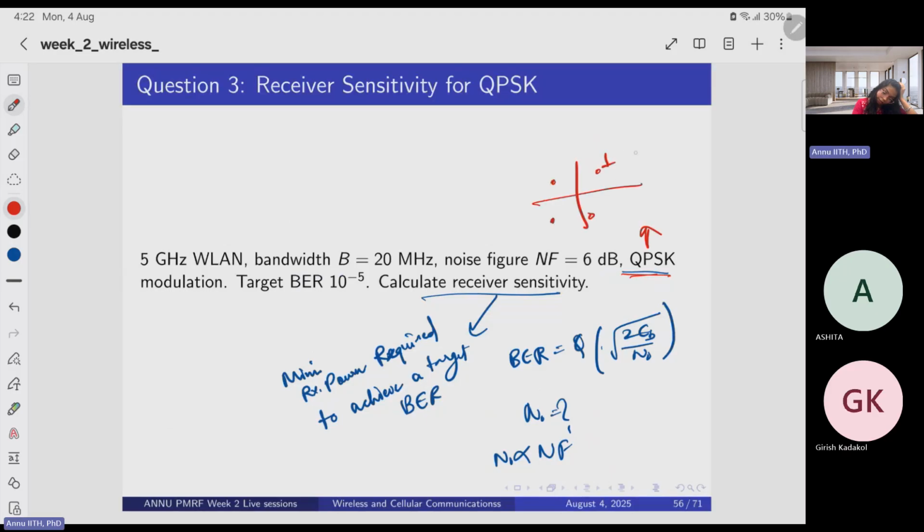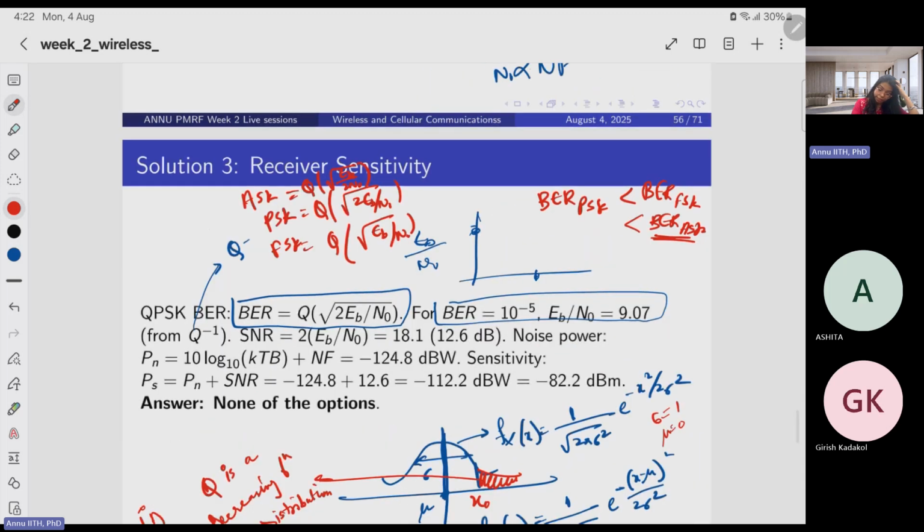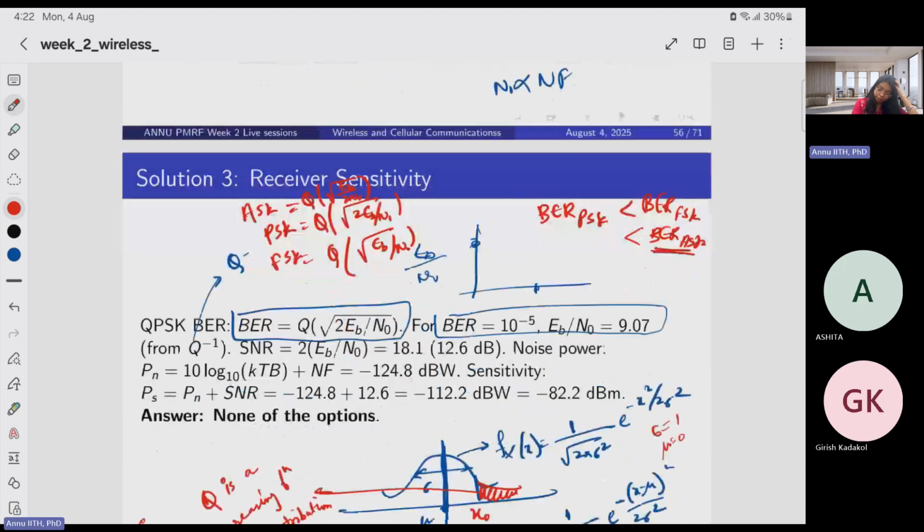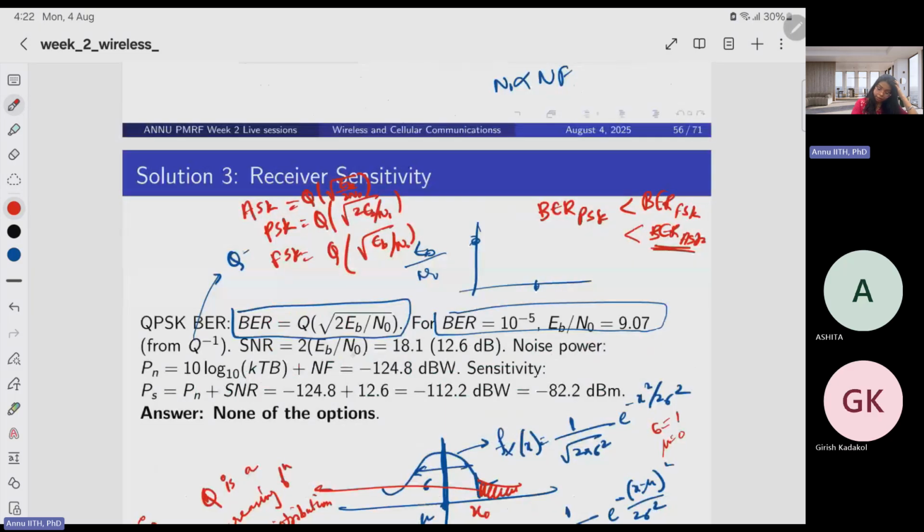In one symbol, you are having 2 bits. So 2 power n, 2 power 2, 4 symbols you are having. In one symbol, you are having 2 bits because it is energy per bit, bit energy per noise power. So the energy per bit is multiplied with 2.